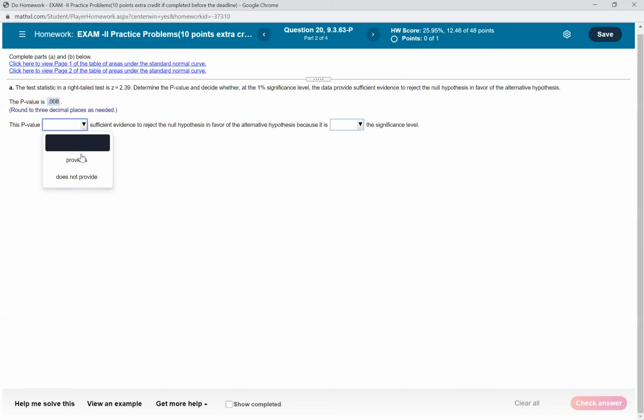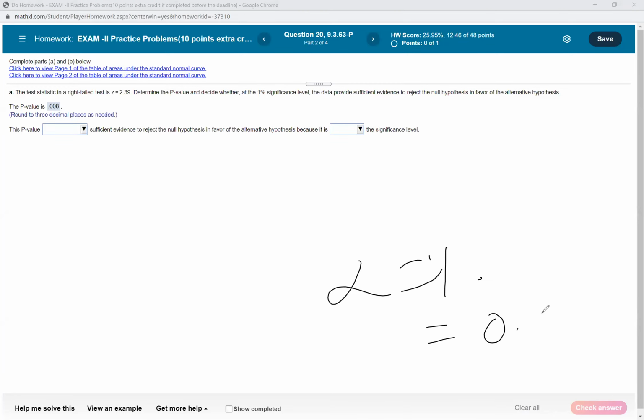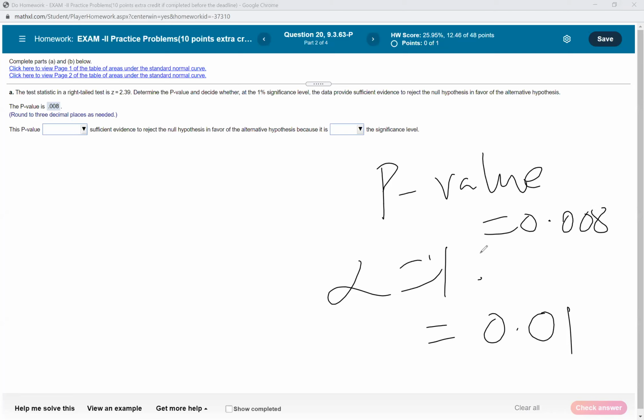Okay, so alpha is 1% here. I'm sorry. So alpha is 1%, which is 0.01. And our p-value is 0.008, which is less than alpha. So the p-value is smaller than the alpha value.